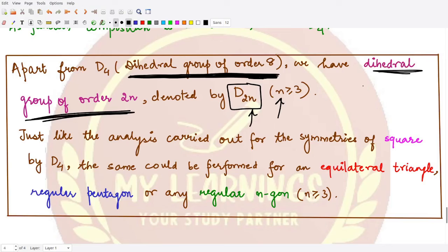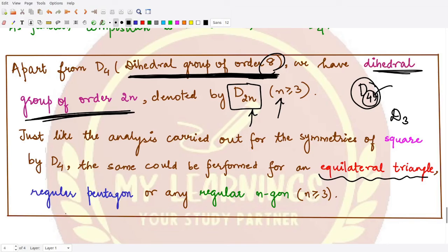For D4 you have the order as 8, because we were talking about a square, which has 4 edges. For example, if you take n as equal to 3, we are talking about the symmetries of an equilateral triangle. This would be a dihedral group having order 6, and you would write it as D3.